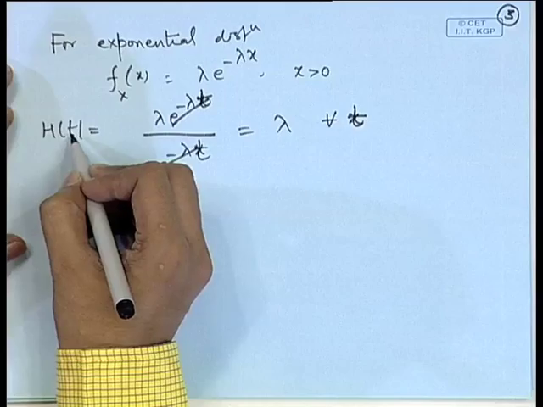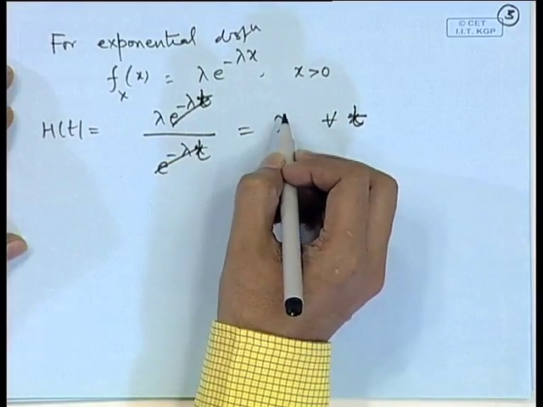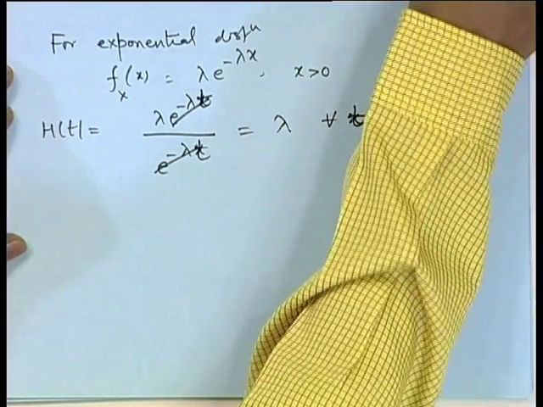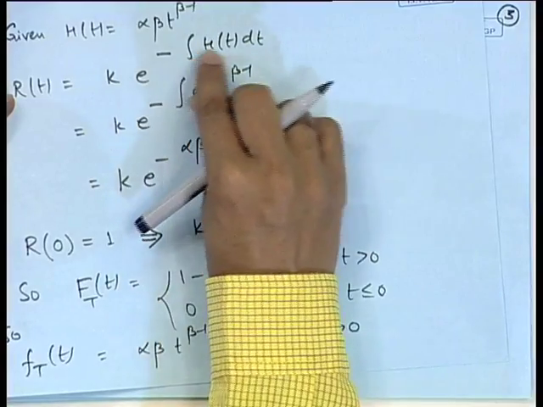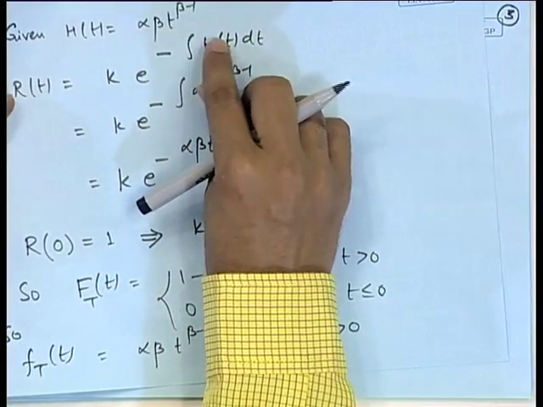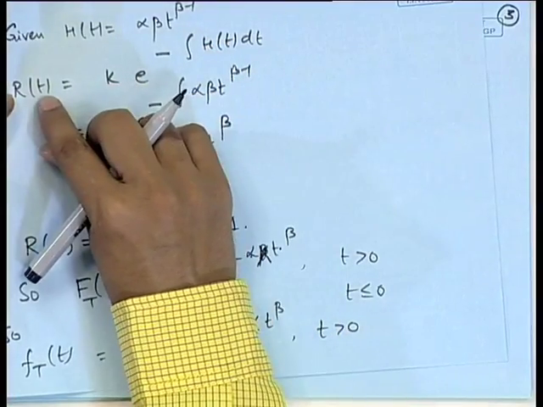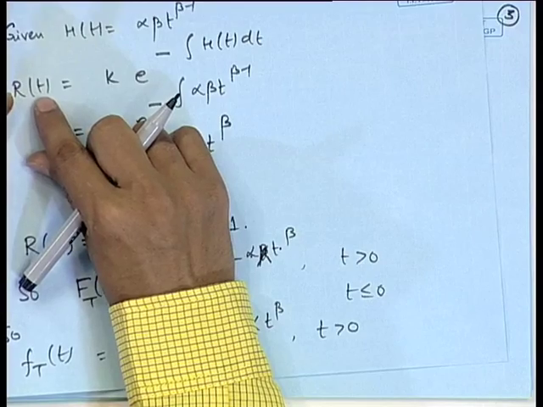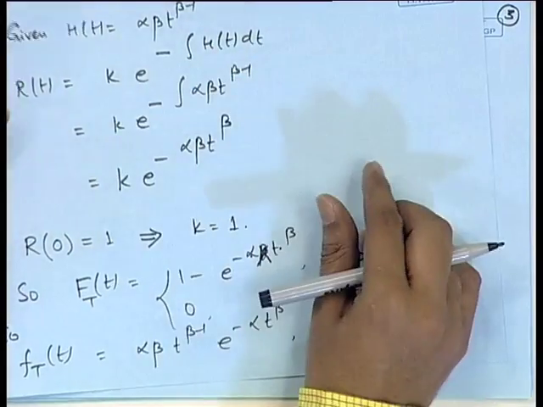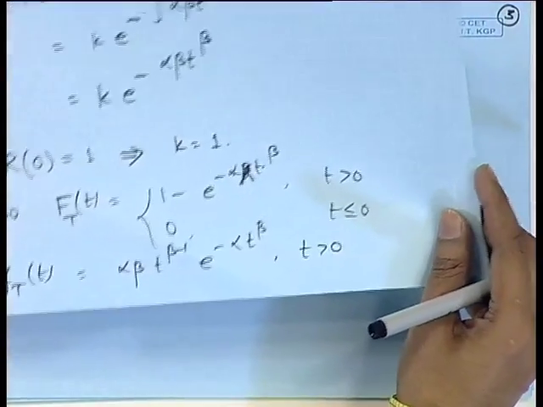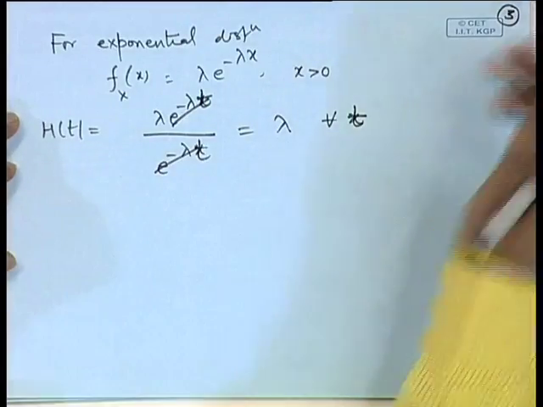On the other hand, if h(t) is given to be lambda, we can calculate using this formula. So, we will get k e to the power minus lambda t, and k will again become 1 by using the initial condition R(0) equal to 1. So, it becomes lambda e to the power minus lambda t as the density function.